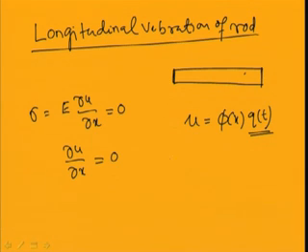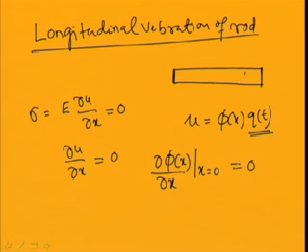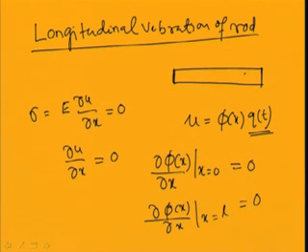So, you can write del phi(x) by del x at x equal to 0 equal to 0. Similarly, del phi(x) by del x at x equal to L also equal to 0.